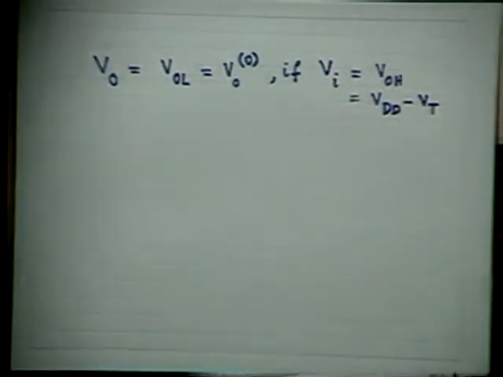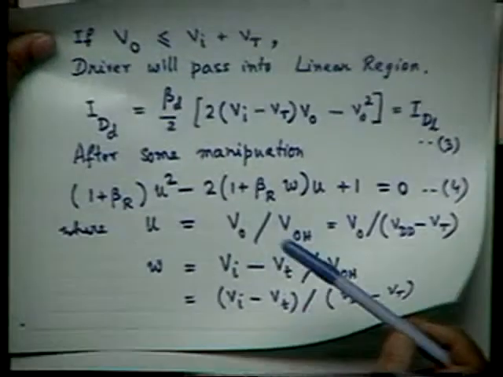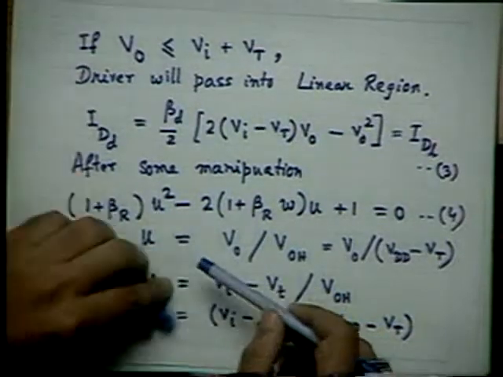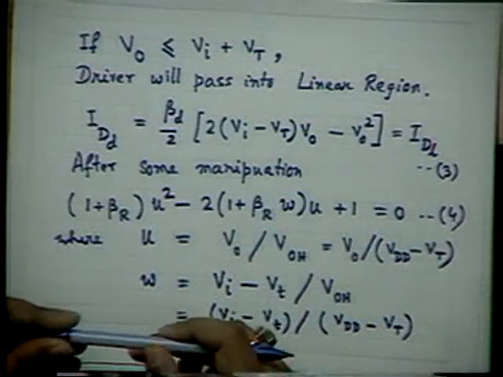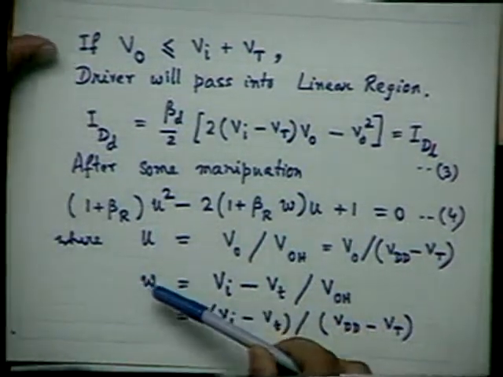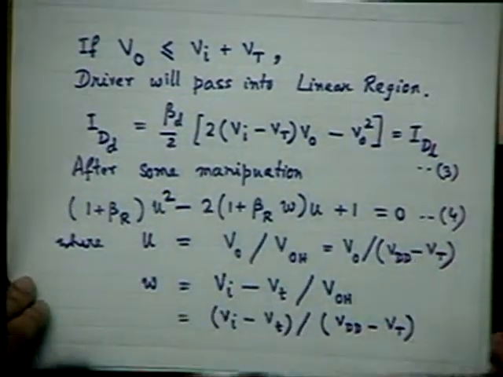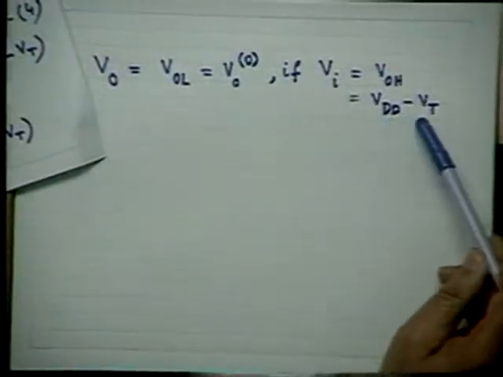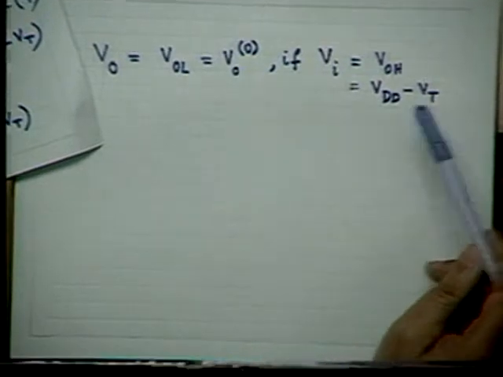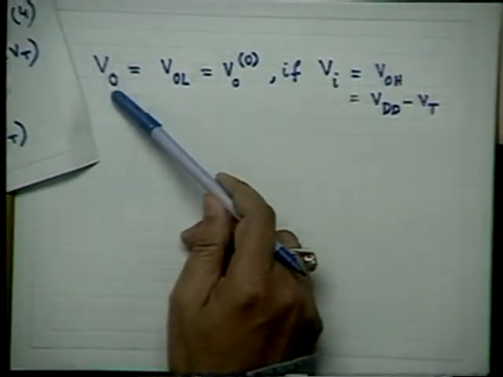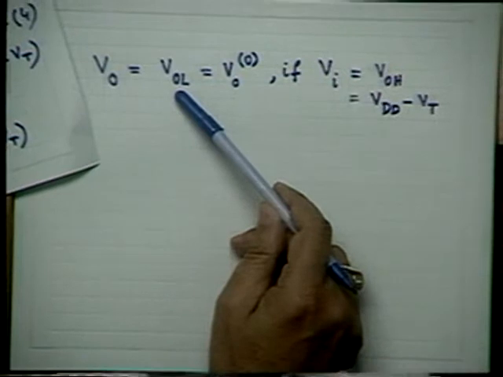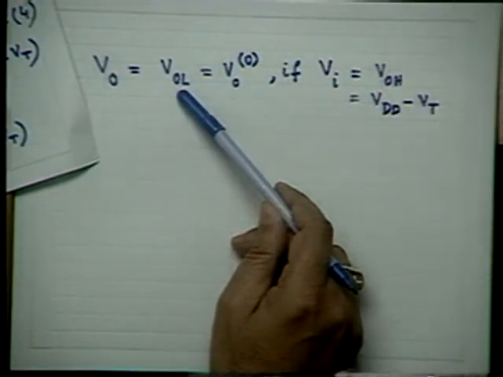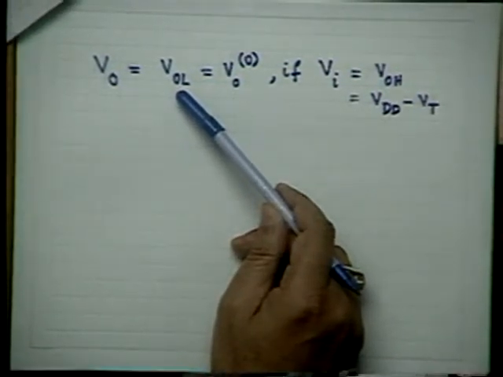Now you have already got an expression relating output voltage and input voltage. So in that expression you substitute VI is equal to VDD minus VT, and thus obtain the value of VO, which is nothing but your VOL. Am I correct?